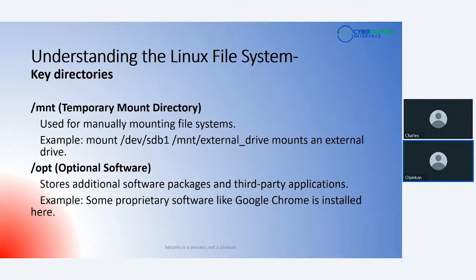Nmap itself will work on its own, but sometimes it needs some third-party application in order to connect to other software. So optional software are basically software packages, third-party applications that help the main application to work. And such applications are stored in the opt directory.